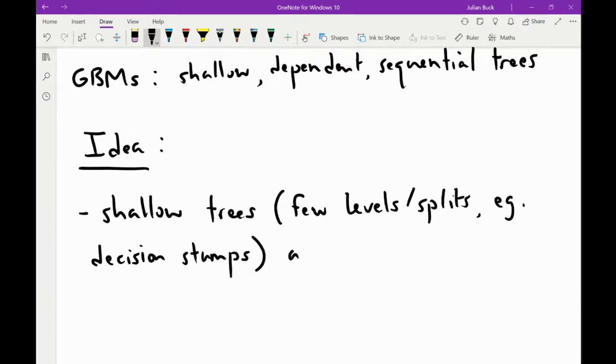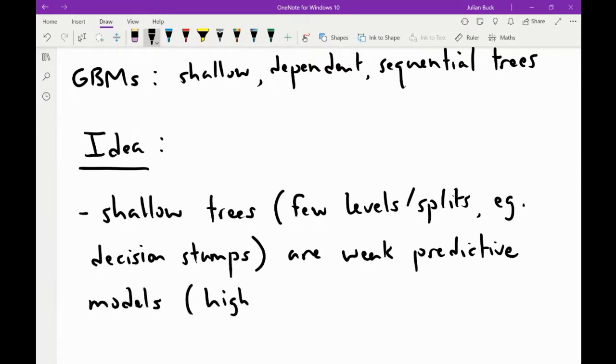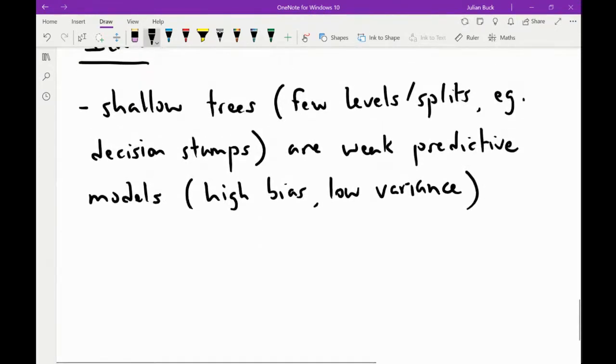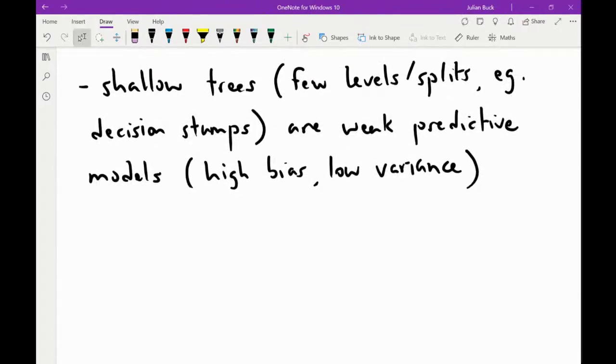Okay. So shallow trees are weak predictive models. So they are high bias, low variance. All right, well, that doesn't sound initially like something we necessarily want to work with. Of course, there's a but here.